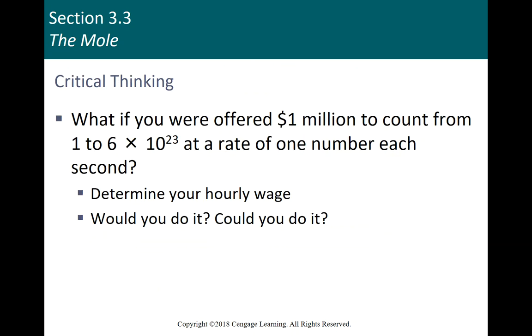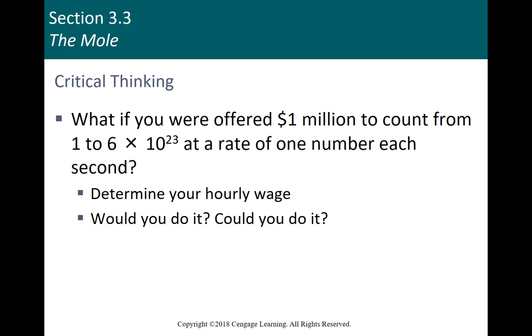But anyway, I did actually kind of play with this critical thinking slide. Your hourly wage on this is very, very, very small. If you're offered $1 million to count from 1 to 6 times 10 to the 23rd at the rate of 1 number each second, then each second you would be paid 1.66 times 10 to the negative 18 dollars.